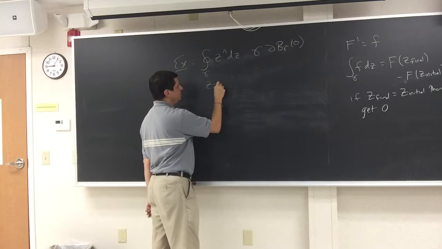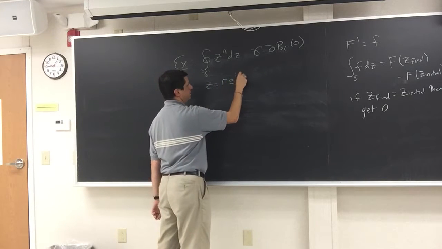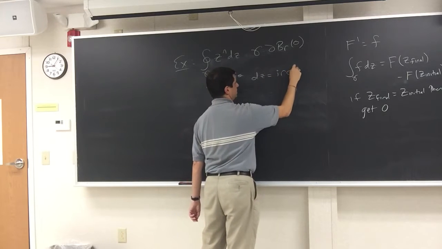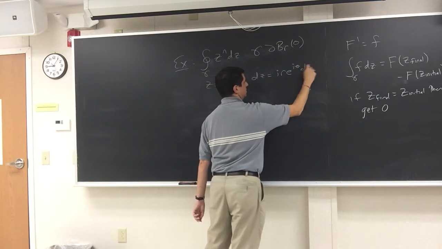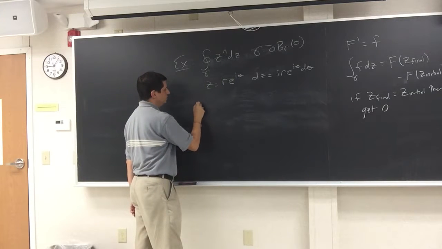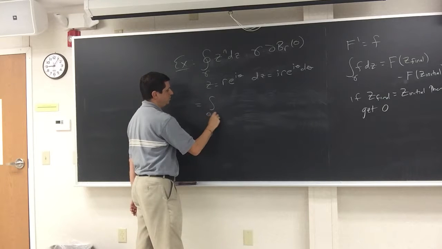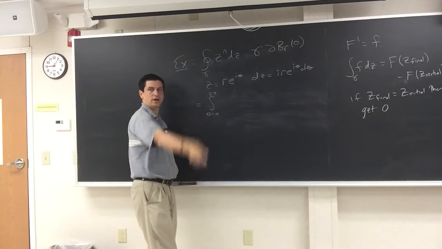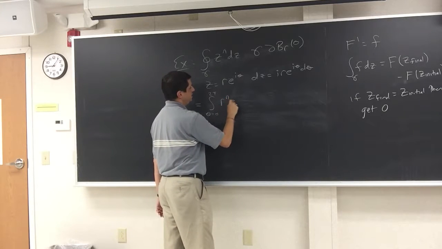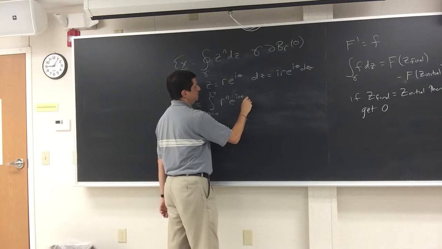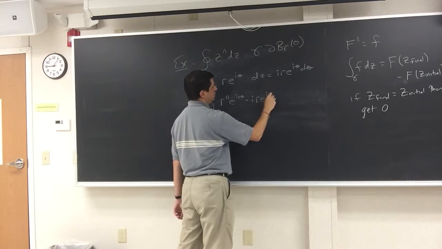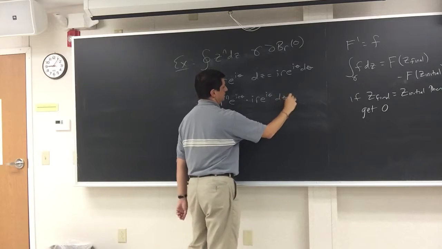So I can write z as r e to the i theta. dz is going to be i r e to the i theta d theta. And so now we'll have that our integral is equal to theta goes from 0 to 2 pi. I'm going counterclockwise. I will have r to the n e to the i n theta times i r e to the i theta d theta.